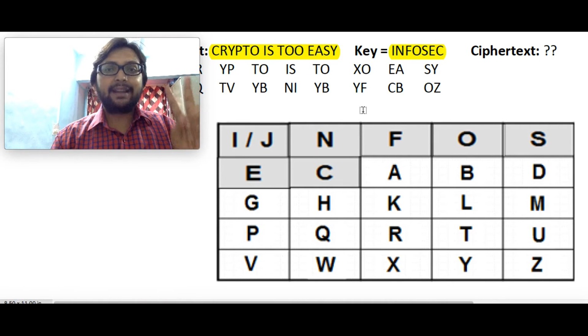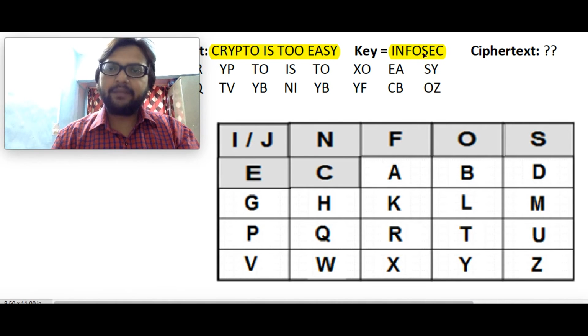Each alphabet we are going to write once only. As you can see, in our key we do not have any alphabet which is repeating. So we write the same key in sequence: I, N, F, O, S, E, C.